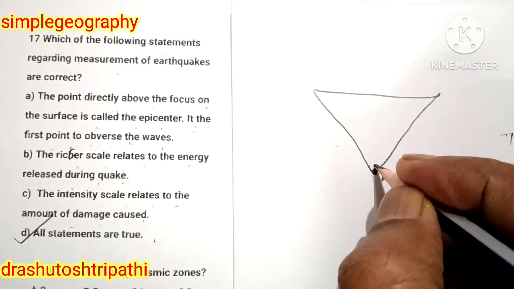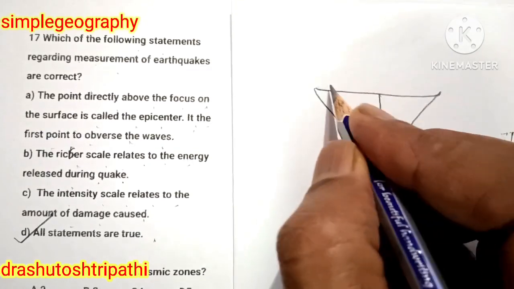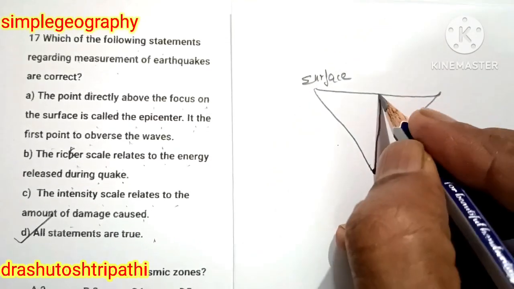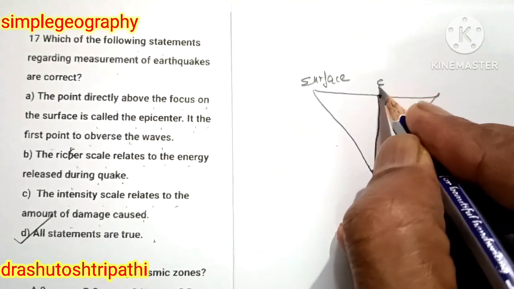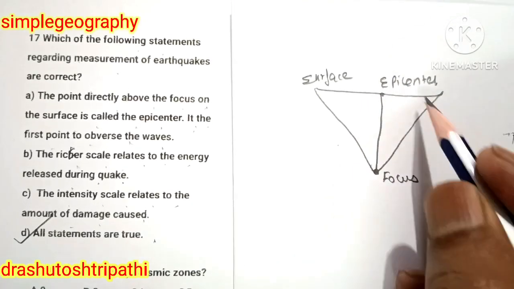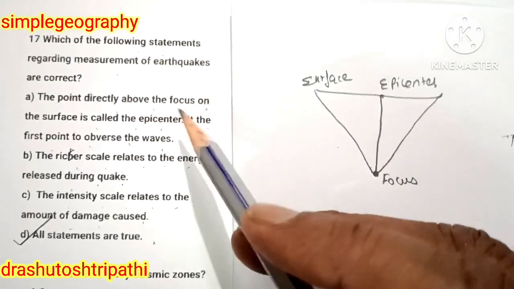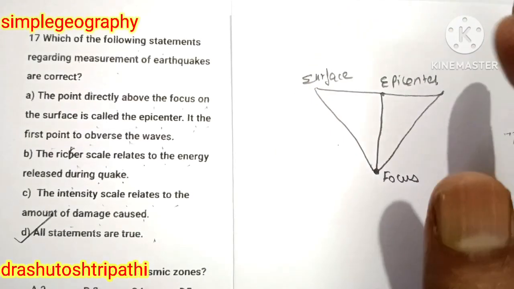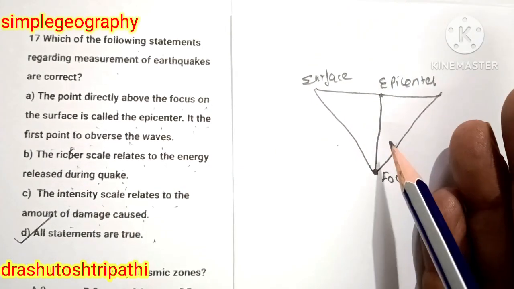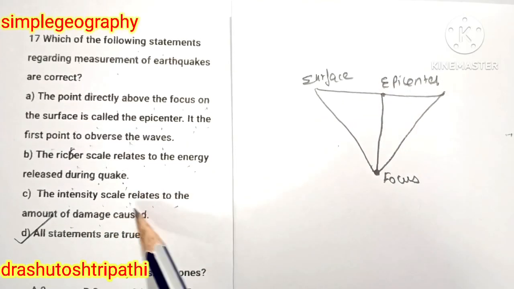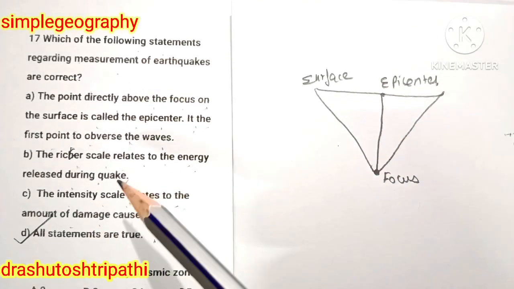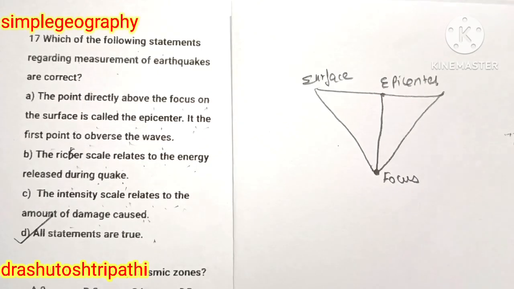And at 90 degrees to this is the surface of the earth, and that point is known as the epicenter. So that statement is correct. The Richter scale relates to the energy released during an earthquake, that statement is also true. The intensity scale relates to the amount of damage, that is also true. It means all three statements are true regarding this question.